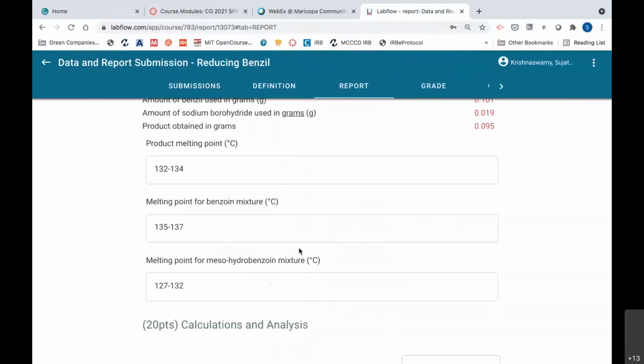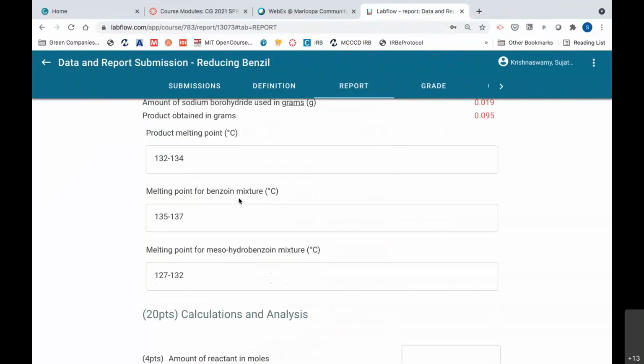Then what you do is you take your product, you mix it with benzoin, and you run the melting point. So what you're doing is a mixed melting point. In case you missed that, this is mixed melting point. What are you mixing? You're mixing your product with the manufacturer's benzoin. Comes out very sharp, 135 to 137, which means your product is benzoin.